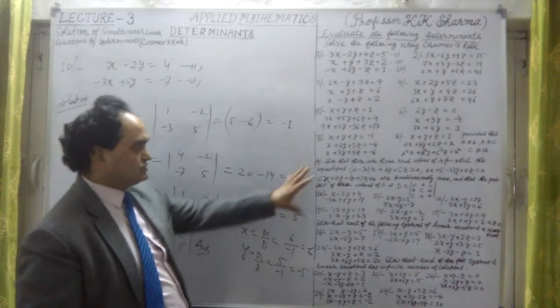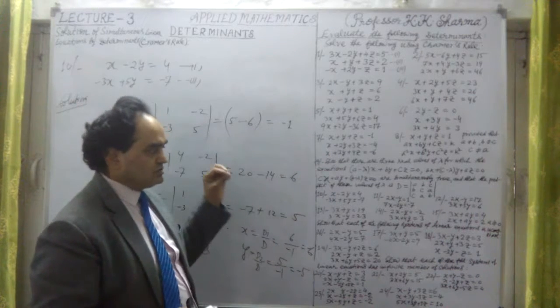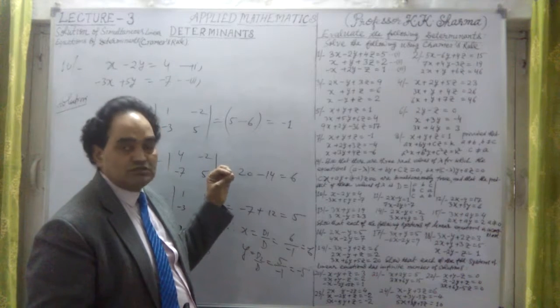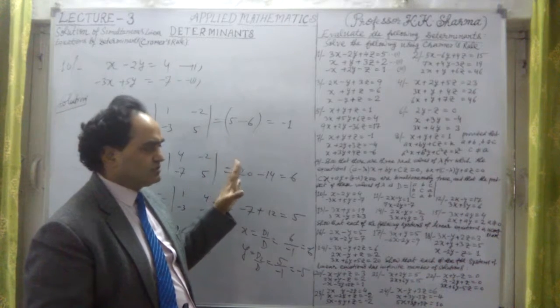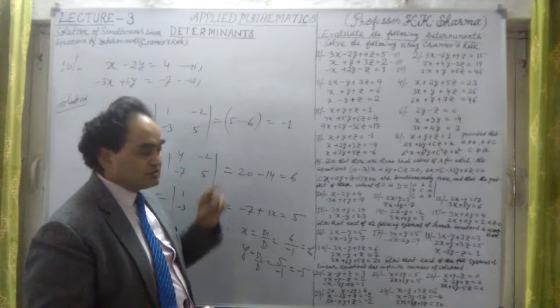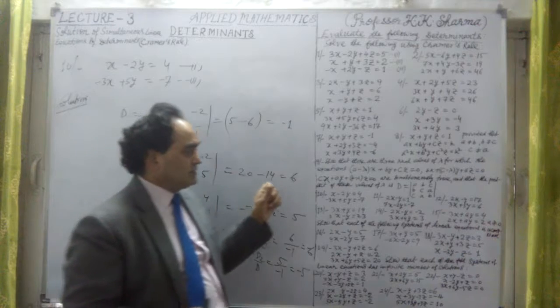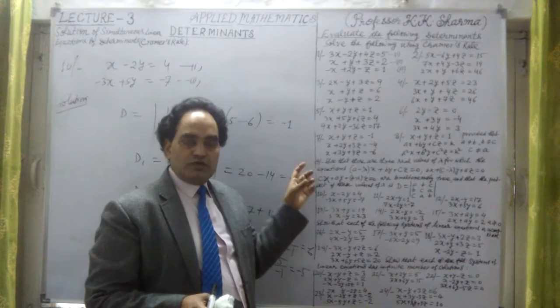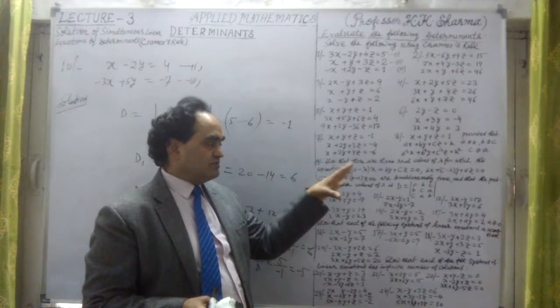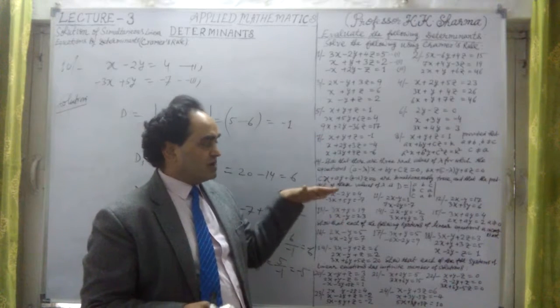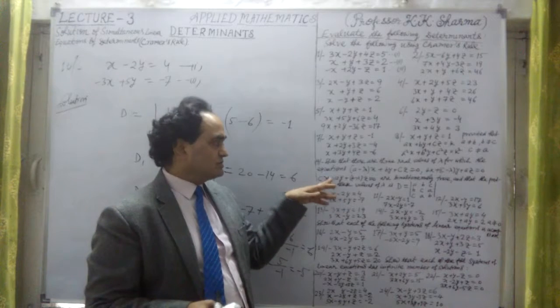Okay, in the 9th question we put that whatever the solution of the D value we calculated, the same value comes out in terms of lambda when we put the value of the two variables in terms of the third variable z into equation number 3.